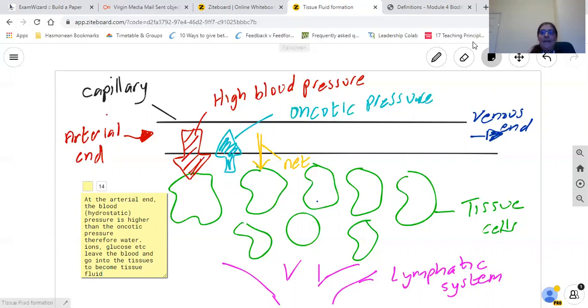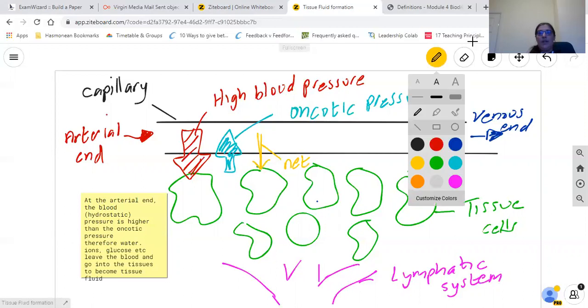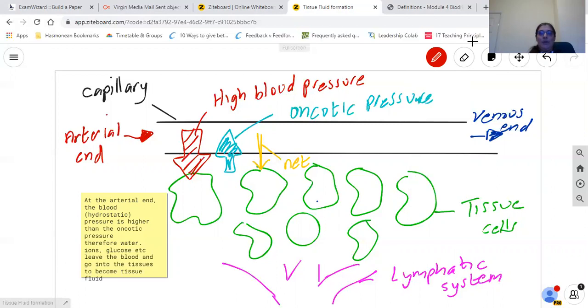Whereas at the venous end, obviously the pressure now, the blood pressure, is much lower because we've removed a lot of the fluid, so the blood has a smaller volume, which means my red arrow has decreased in size. There's going to be some pressure, but it's not nearly as high.